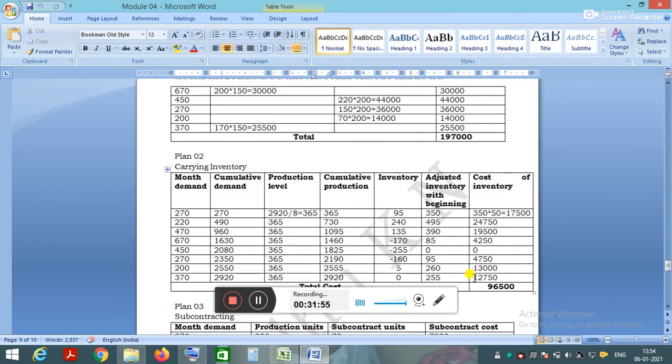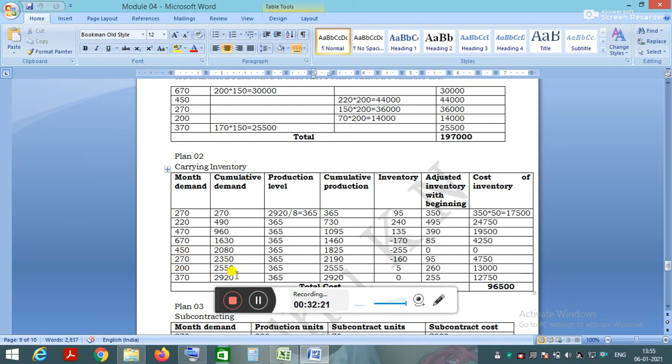Okay, in plan 2, carrying inventory. Now, the total number of products required is 270, 220, 470, 670, 450, and so on. If we add all these values, we get 2,920.